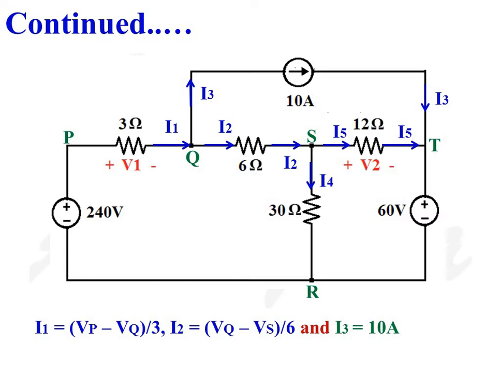According to Ohm's law, I2 is equal to voltage drop across 6 ohms resistance divided by 6. Voltage drop across 6 ohms resistance is equal to Vq minus Vs. Therefore, I2 is equal to Vq minus Vs the whole divided by 6. And I3 is given as 10 amperes.